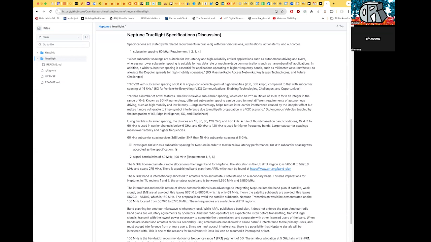That is LTE, it's been around for a while. But when you start looking at the higher frequencies, 5, 10, 24, 47 is what we are allowed to actively use, the subcarrier spacing of 15 kilohertz is a little low.